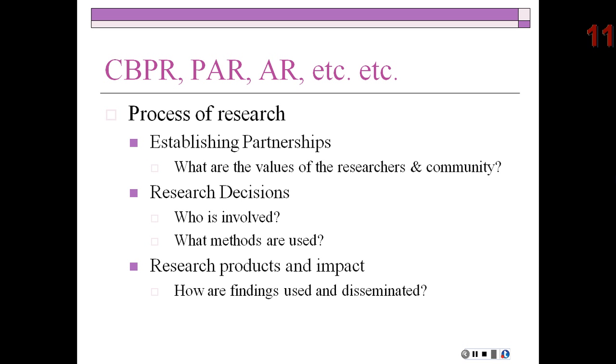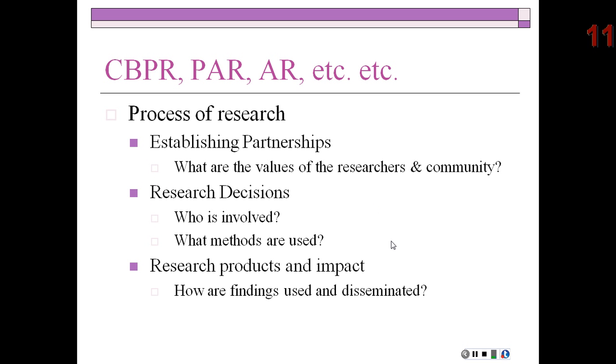If you're taking a participatory research approach, you can figure out with your community to what extent that community should be involved in conducting the research. It can be involved at simply establishing a partnership. It can go deeper, partnering with the community to actually make research decisions, right?